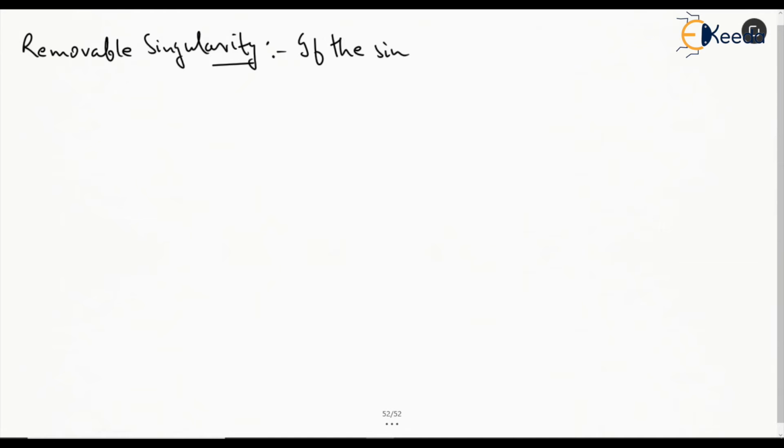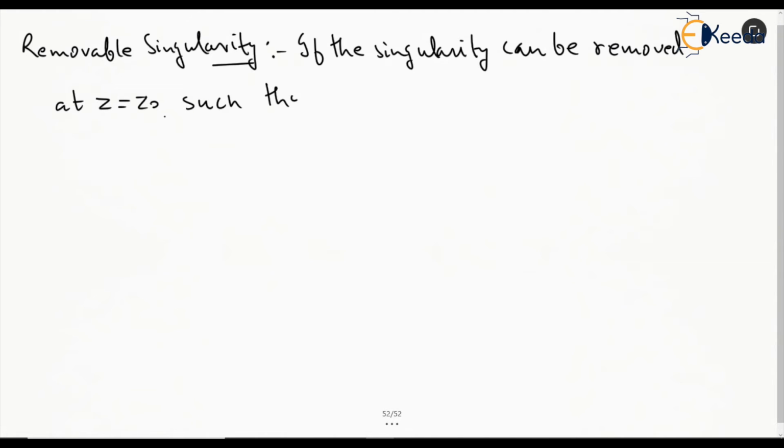The second one is removable singularity. It is if the singularity can be removed, if it is possible to remove the singularity at z equal to z naught, then the function f of z becomes analytic, right?